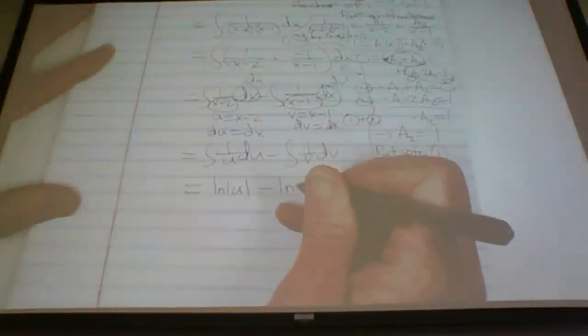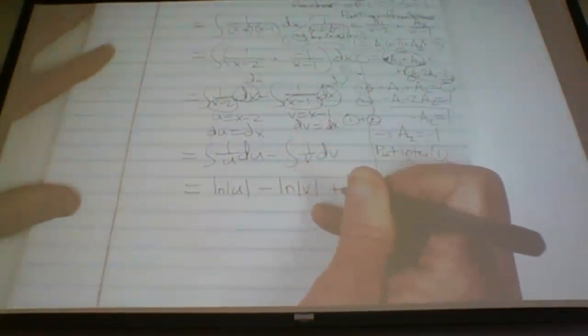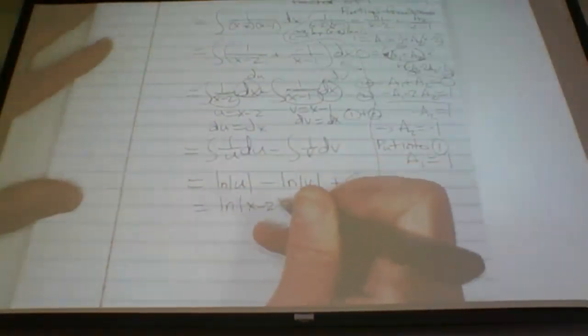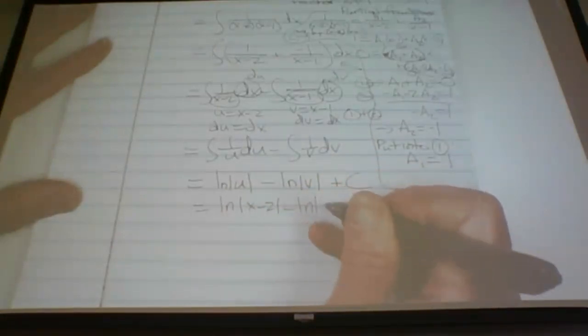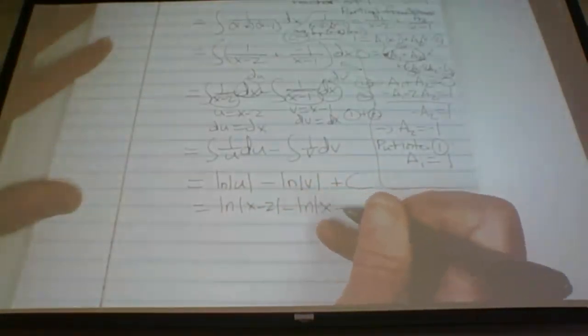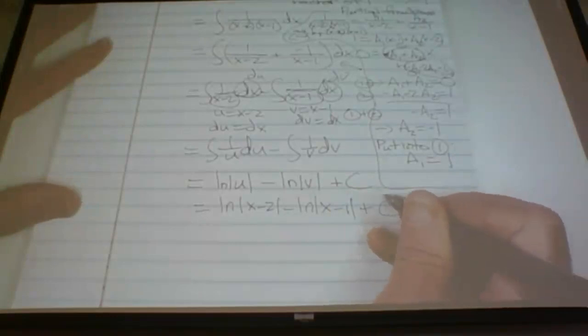Let's look like last time. Integral 1 over v is natural log v. And then there's an arbitrary constant when I drop the last integral. There's my answer. It's natural log absolute value of u, which was x minus 2, minus natural log v, which was x minus 1, plus a constant.